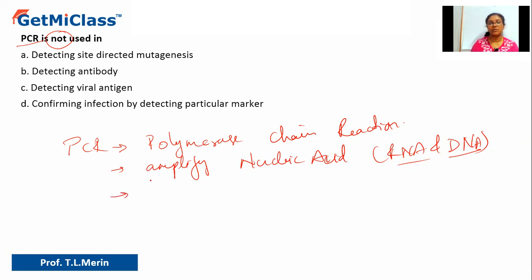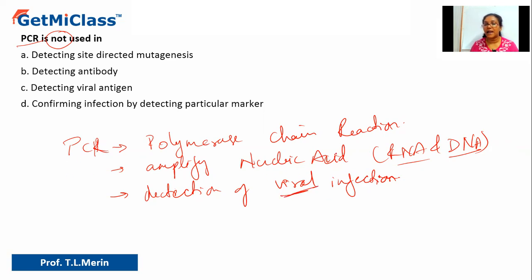One of the important applications of PCR is in the detection of viral infection. Many people are worried about corona. For corona, everybody is using PCR to detect the viral infection, because even when the sample size is very low, PCR can still be used, since the genetic material of the virus can be amplified.